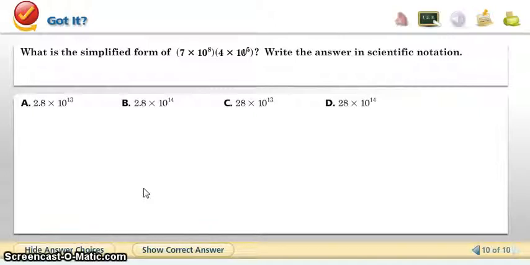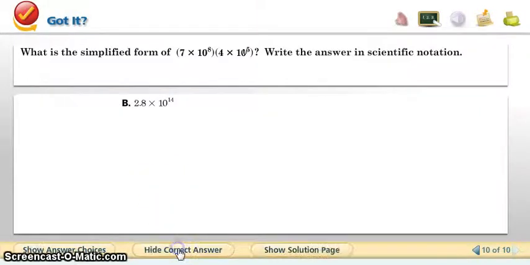Keep in mind that you have to have a number between 1 and 10, including 1. So 1, 2, 3, 4, 5, 6, 7, 8, 9, and any decimal that you can come up with between there. So if your number is not between 1 and 10, then you need to go ahead further and simplify. Now the correct answer to this problem is B.